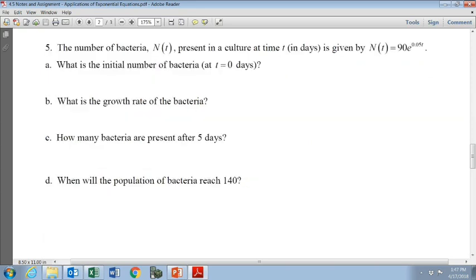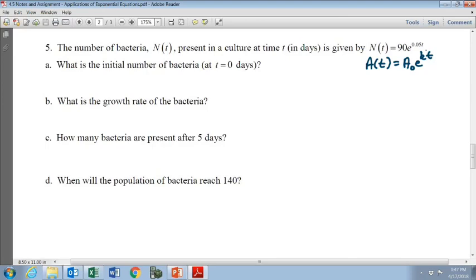In number 5, it says the number of bacteria, N of t, present in a culture at time t, where t is in days, is given by N of t equals 90 times e to the 0.05t power. I'm going to write the basic formula for growth. A naught, the number in front of e, is our initial quantity.